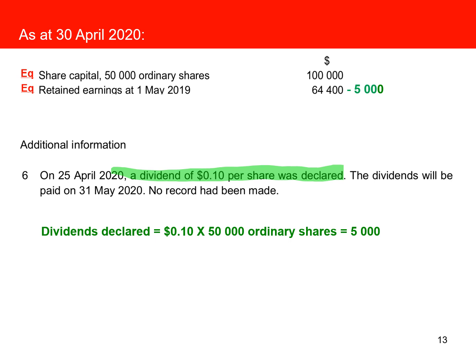So that's your first entry. What's the second entry here? The moment we declare, you need to ask yourself when the payment will be made. The payment will be made on 31st May 2020. But right now, which date are we at? We are still here. All the time we are at 30th April 2020.